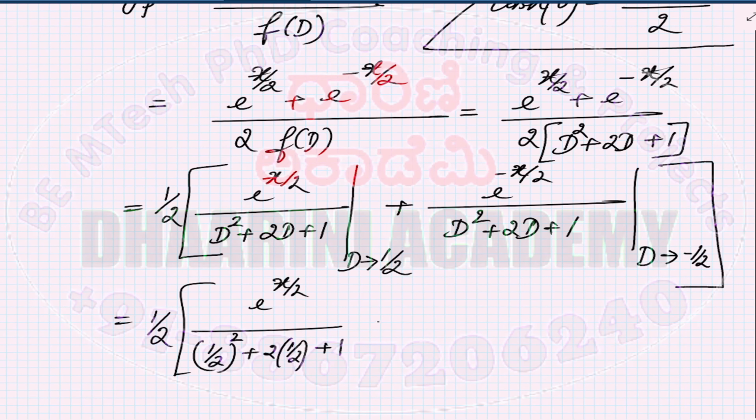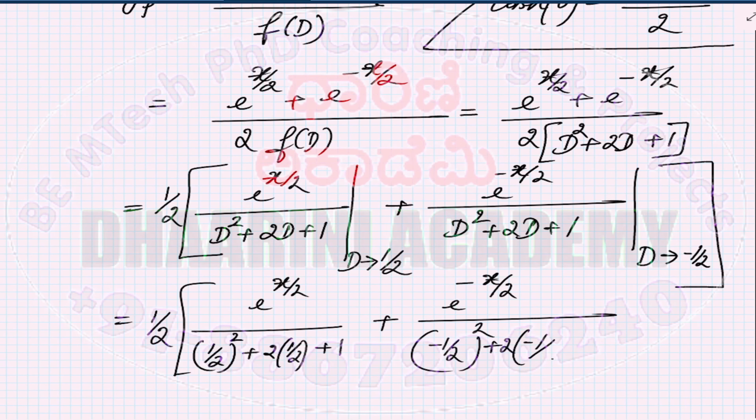The next term should be plus e to the minus x by 2, whole divided by, now the denominator d should be replaced as minus half. So minus half square plus 2 into minus half plus 1. See the change. First term, I'm replacing the denominator d by plus half. Second term, I'm replacing d by minus half. Strictly following the rules.